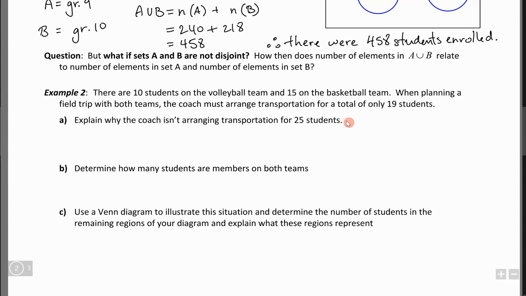It turns out these are not distinct students. There's some students who play on both the volleyball team and the basketball team. So my explanation is that there are some students who play on both teams.